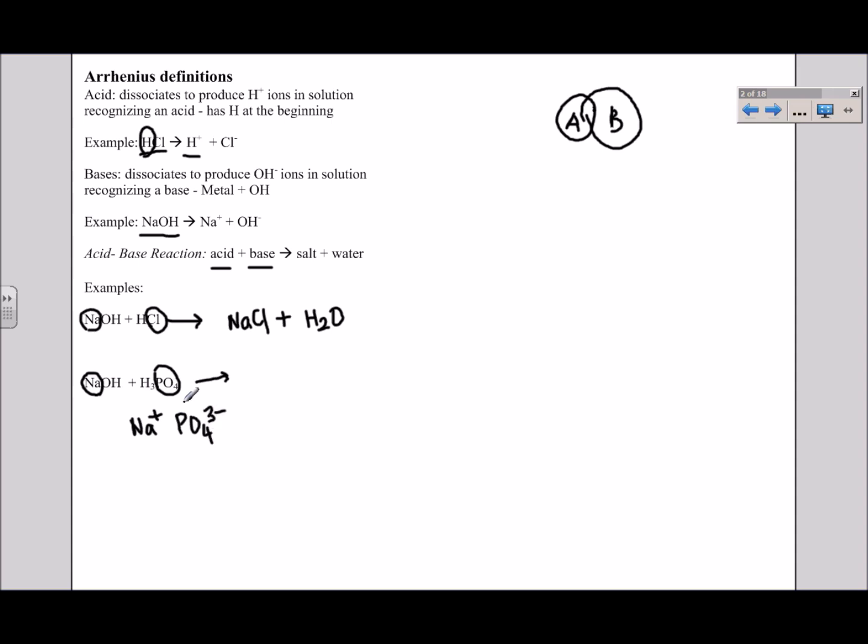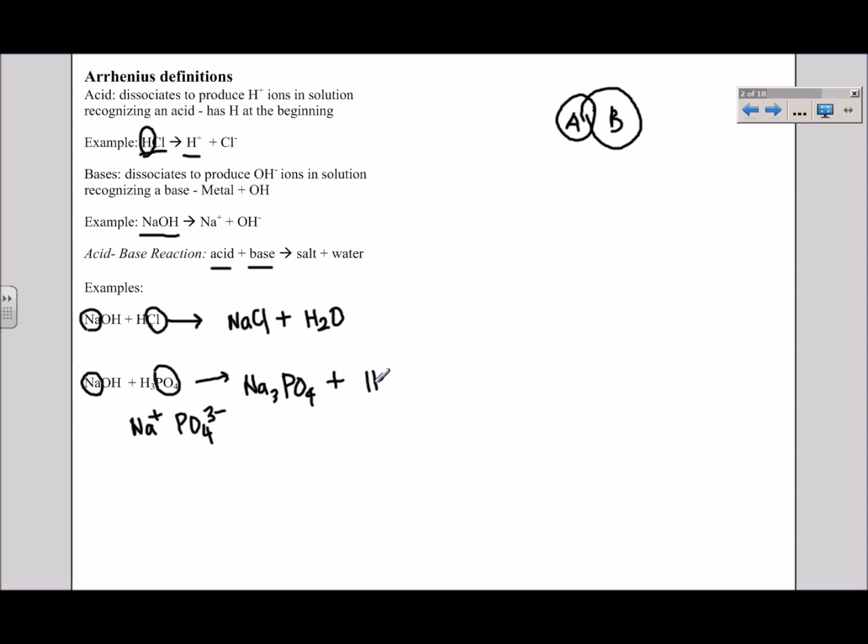And the phosphate, as you can see from the reverse crossover method, or from knowing your polyatomic ions, has a -3 charge. We're going to do the crossover method here, and we are left with an ionic compound of sodium phosphate, Na3PO4.